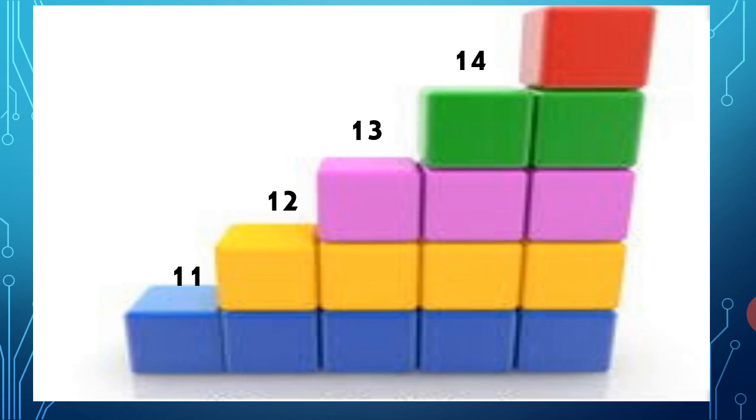Then comes 14. So students, also over here we went from a smaller number to a greater number. So this is known as ascending order. It is also known as increasing order.